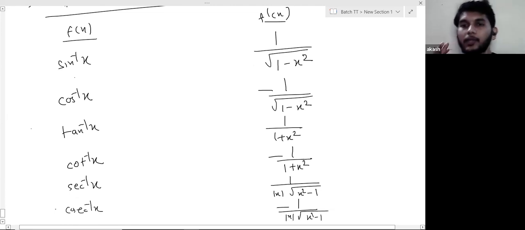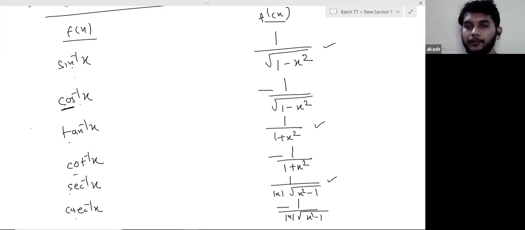These are standard formulas. So all you have to remember is that sine, tan, sec are positive, and all the co-functions, cosine, cot, and cosec, are negative. Everything else is positive.